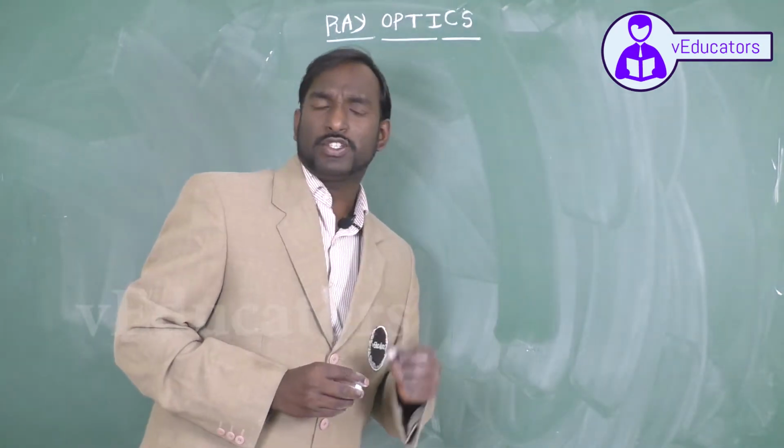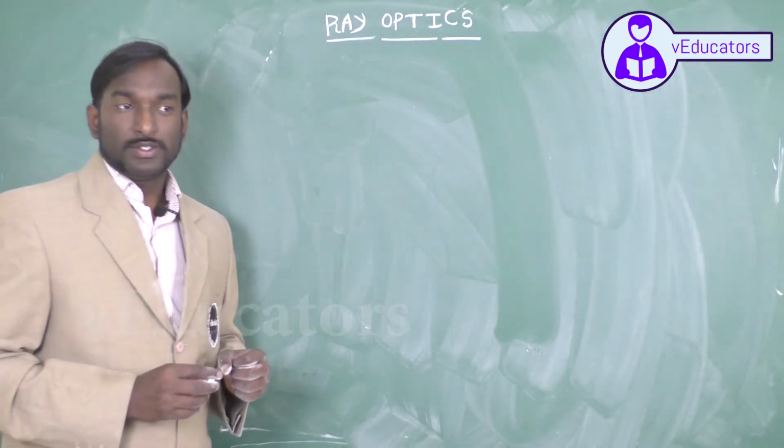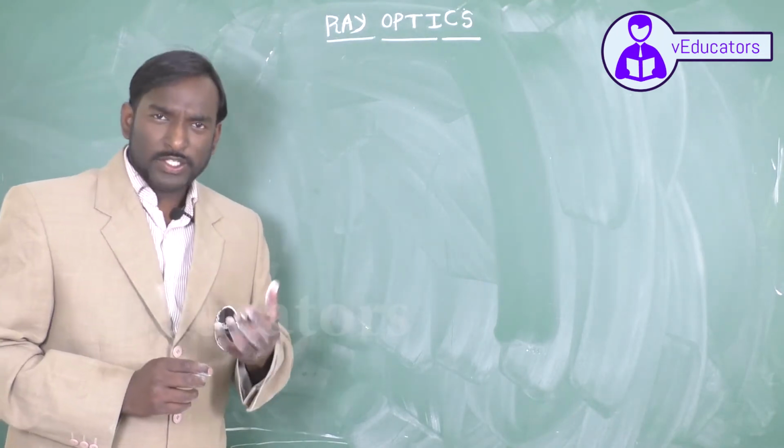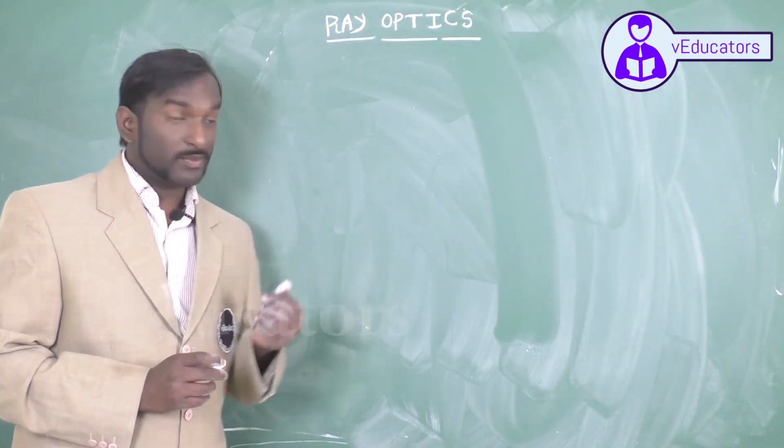We will derive an equation to make a particular lens, and that equation is also called the lens maker's formula.